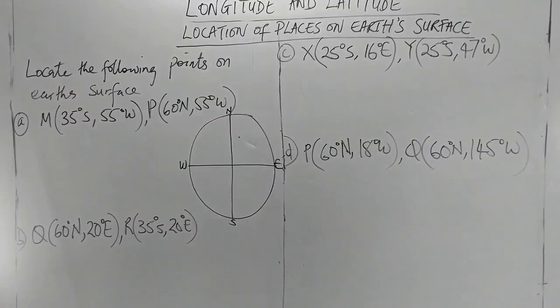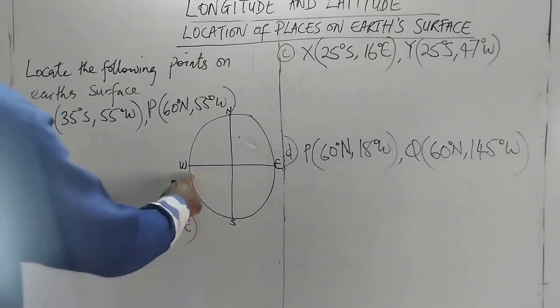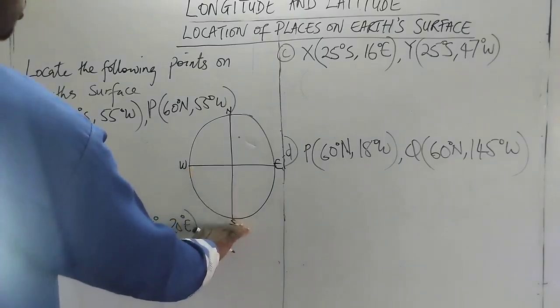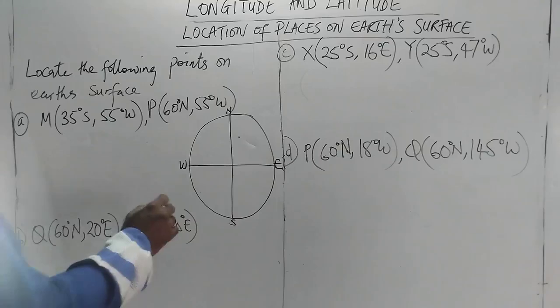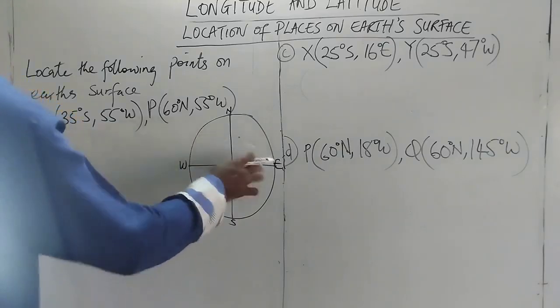To locate the 2 points, M and P, we'll start with the first one. It says M is on latitude 35 degrees south. When you get to the south, this is the south pole. The middle is the equator, and at the equator is 0 degrees.